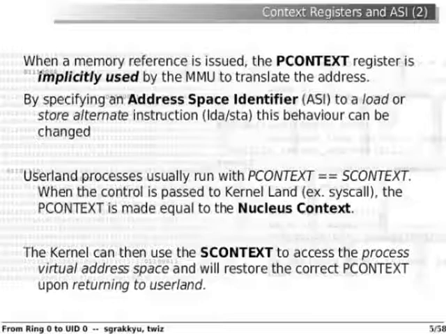If you specify a particular instruction, which is an alternate instruction, load or store alternate, and you specify with it another space identifier, then you will be able to use the secondary context register to reference memory. When you are in user land, you usually have a primary context and secondary context which are equal. When you are in kernel land, the nucleus context is the primary context register, and the process which traps into kernel land, its context register will be the secondary context register.